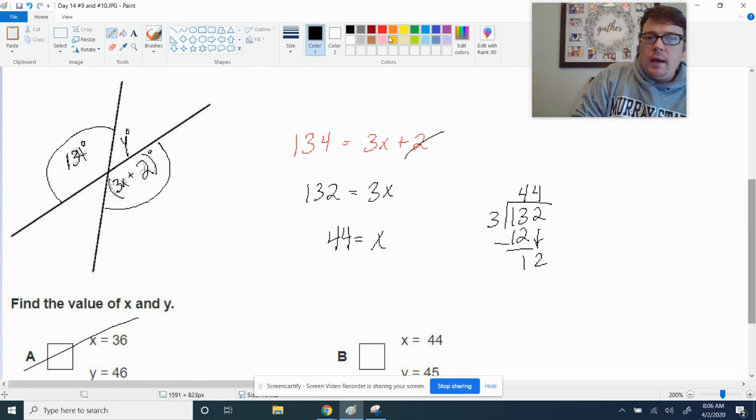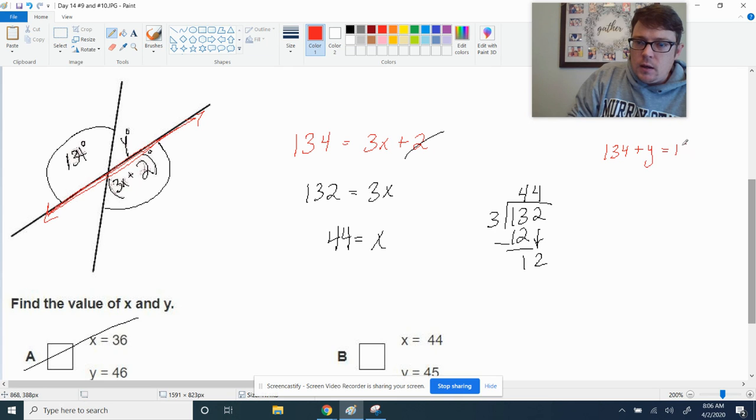Well, y has found itself on this straight angle right here with 134. So that tells me I can write the equation 134 plus y is 180 degrees, like a straight line. And to find y, we just have to subtract 134 from 180. 6 is what I'll get for the difference between 80 and 34.